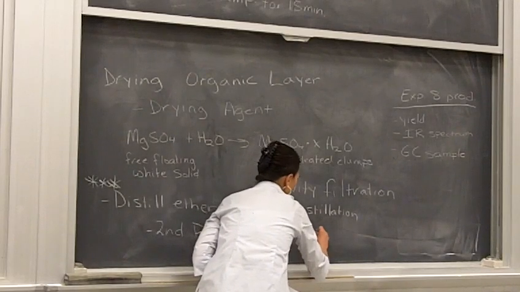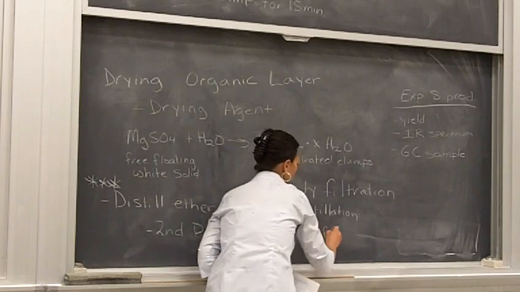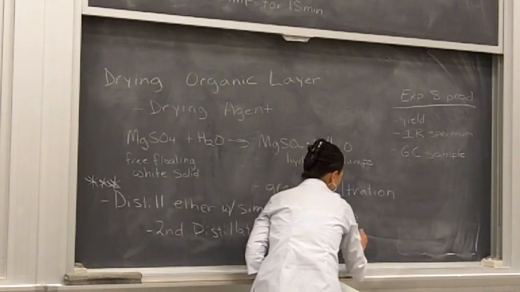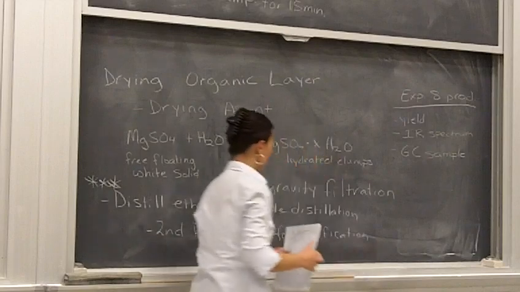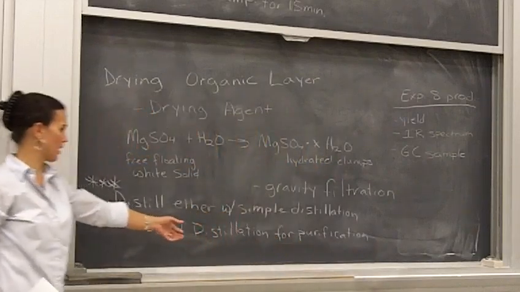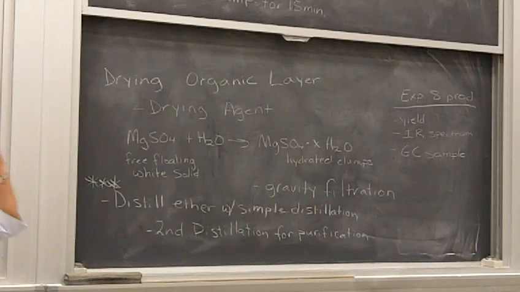And so what you will be doing is collecting your alcohol. When you're doing this distillation for purification, you're going to be collecting all of the liquid that boils within about 20 or so degrees of your alcohol's boiling point range, and that will be whatever impurities you have, and then you'll start collecting your alcohol within about 20 degrees of its boiling point range up to its boiling point range, okay?